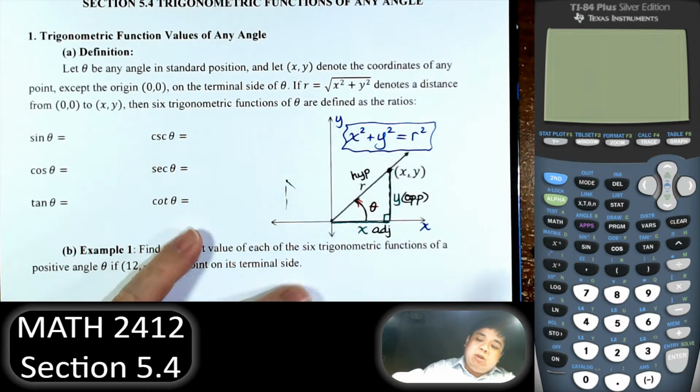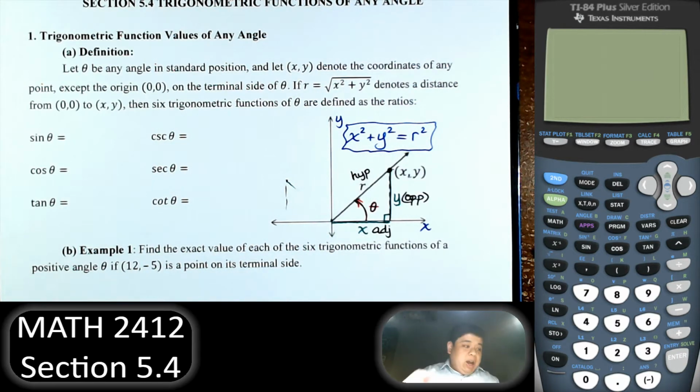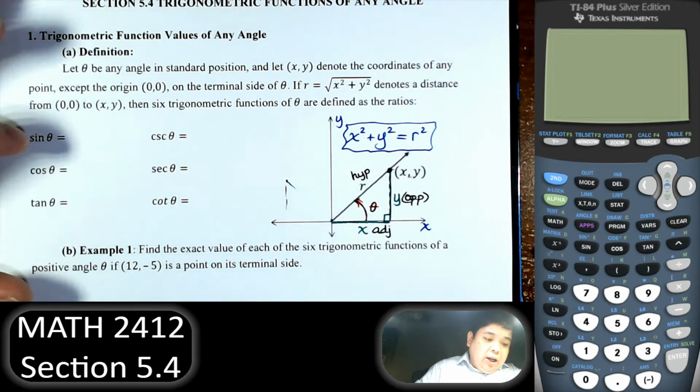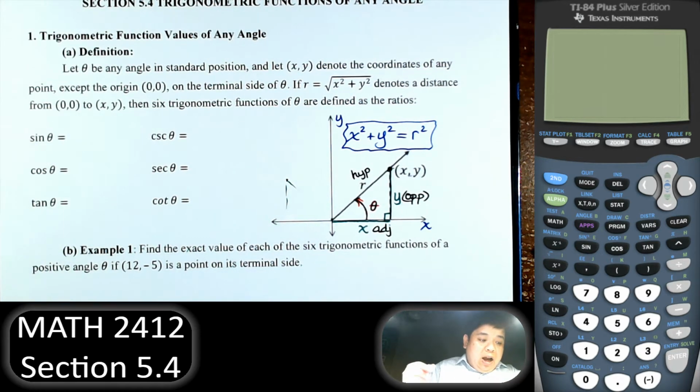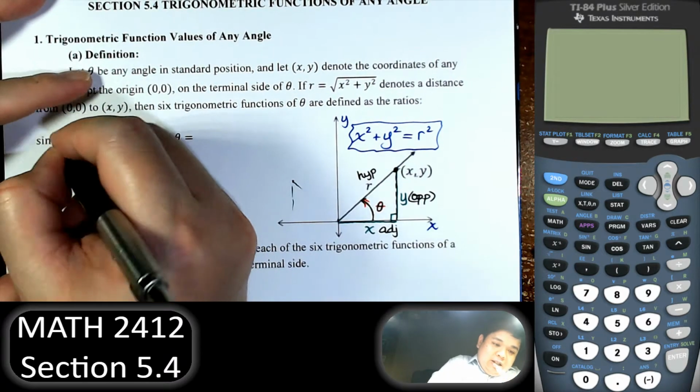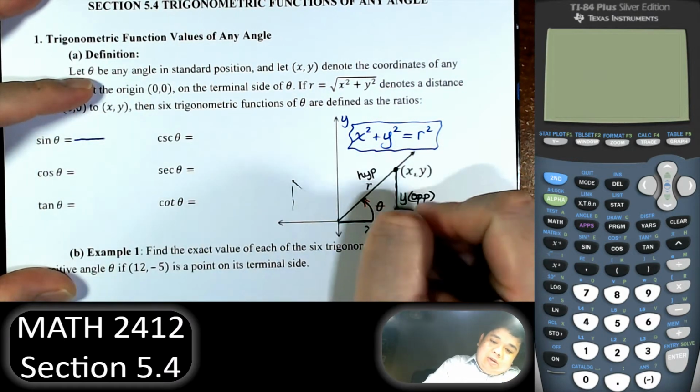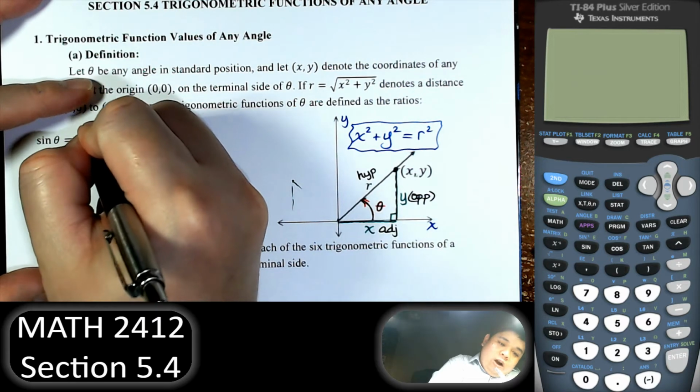So just like what we had earlier for the trig functions, we write out sine is opposite over hypotenuse, so y over r.